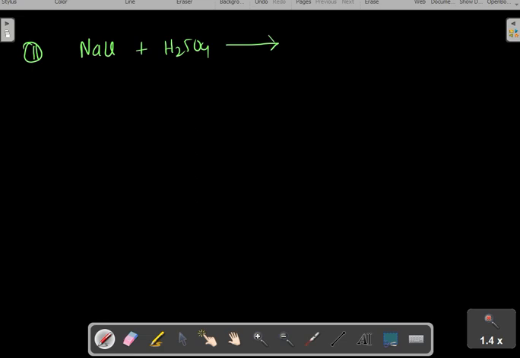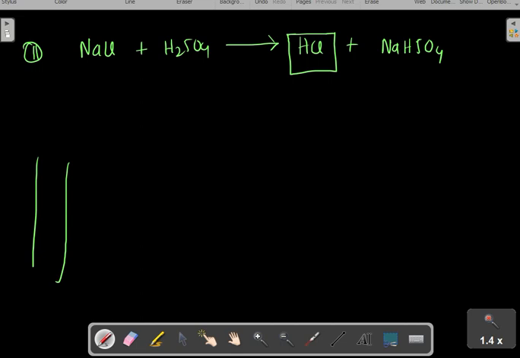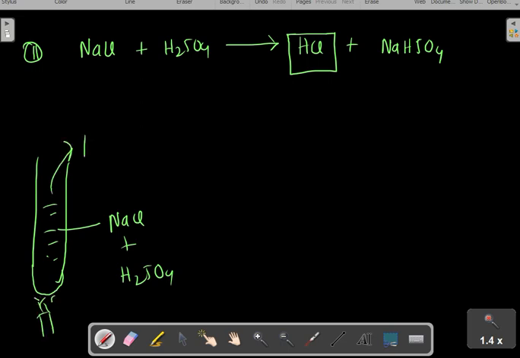So you will obtain hydrogen chloride gas and NaHSO4. Now hydrogen chloride can be used to identify the presence of sulfuric acid. So in this test tube you have NaCl and the concentrated sulfuric acid, and now you are going to heat this, so HCl will be evolved.